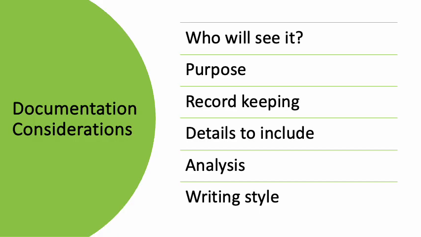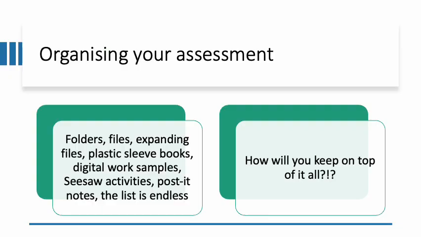So when we're organising our assessment, we have to think about how many items are we going to be collecting and how will we ensure that we can access them appropriately at a later point in time. So you're going to have folders, you're going to have files, you're going to have those expanding files where you're dropping everything in for every child and so on.